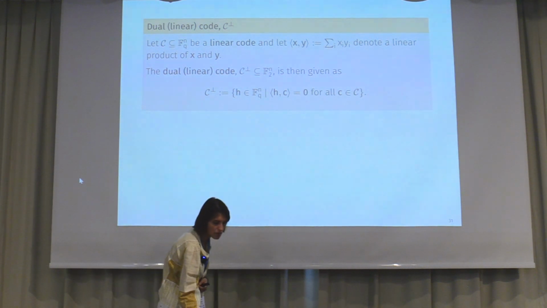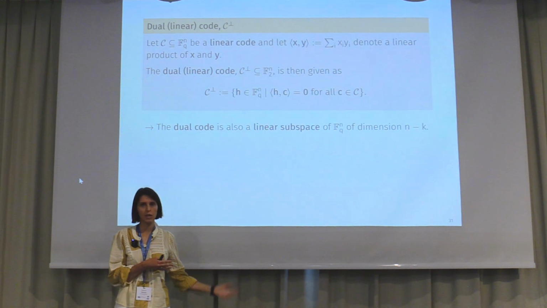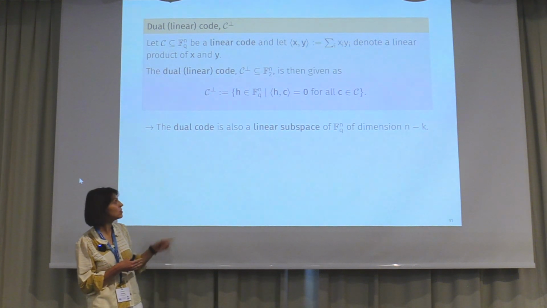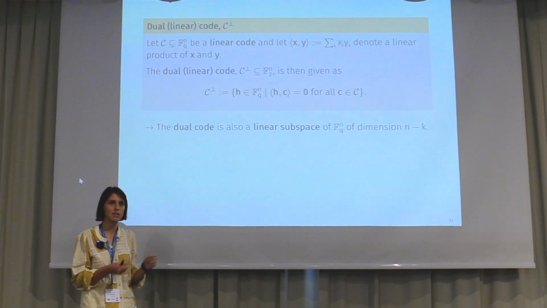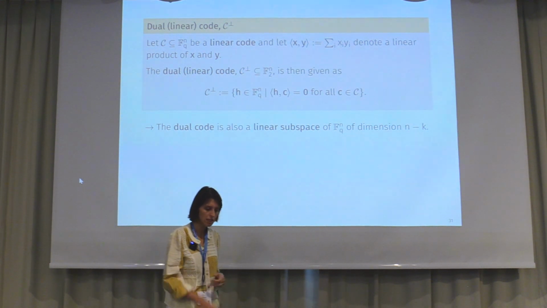As you can see from the definition, the dual code is another linear subspace of the vector space F_q^n. The dimension of this vector space is actually n minus k rather than k, as was the case for the linear code C.